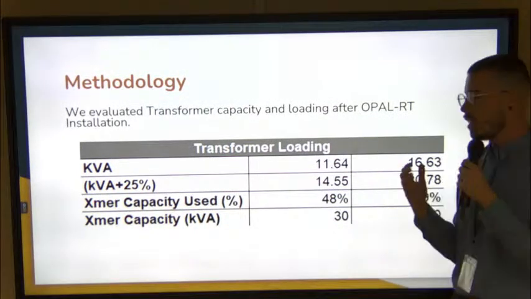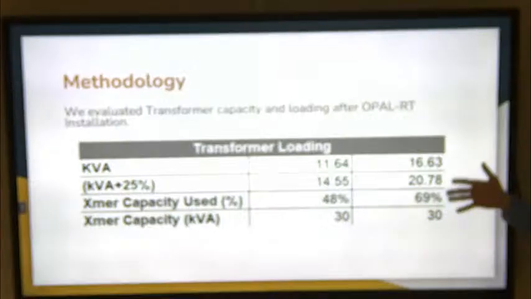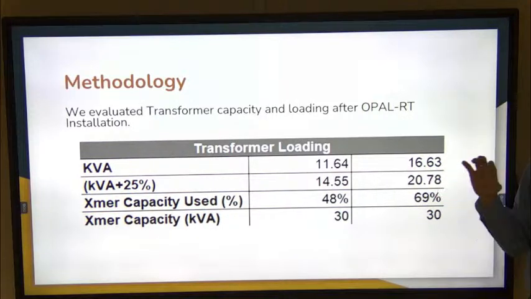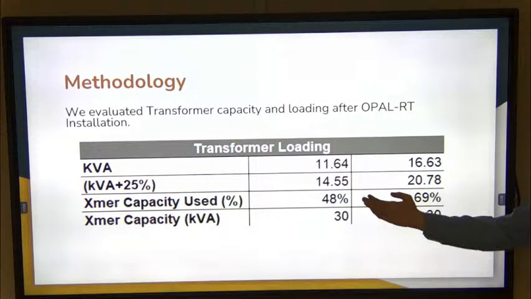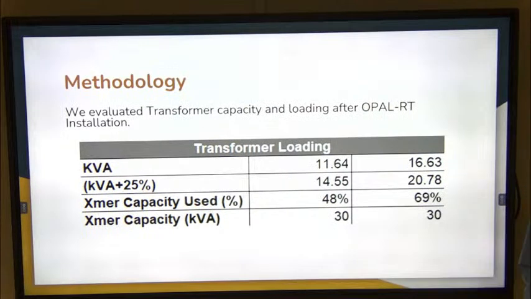For those two cases, we calculated kVA for the 14 amps and for the 20 amps, and we added a 25% capacity margin just to be clear, and that led us to a capacity of 48% in the worst case scenario. Right now, running the OPAL in that transformer, we would be using, in a worst case scenario, 40% of it.